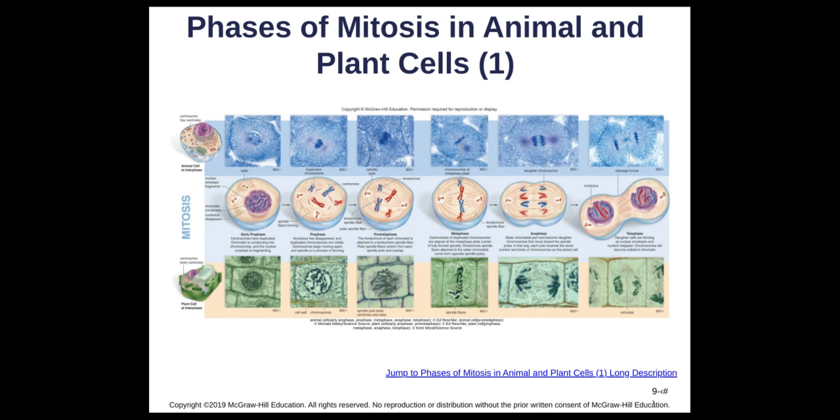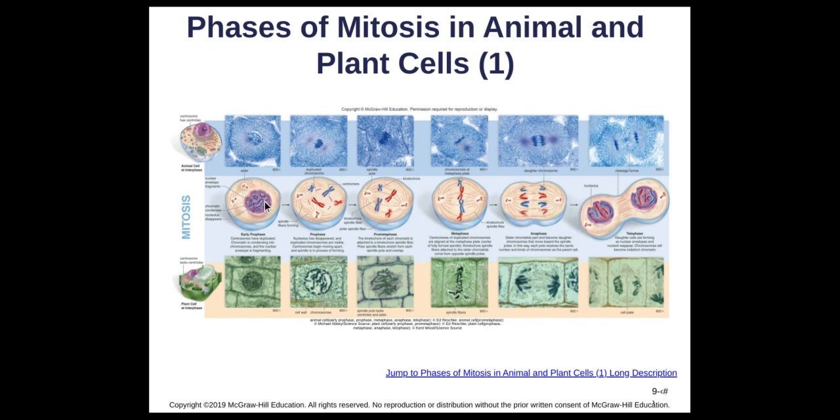So what does this look like? We have our cell. It is right before this in interphase at that last growth. Then we are going to have our chromosomes condensing. We are going to have our centrosomes moving around in the cell, starting to go to the poles.